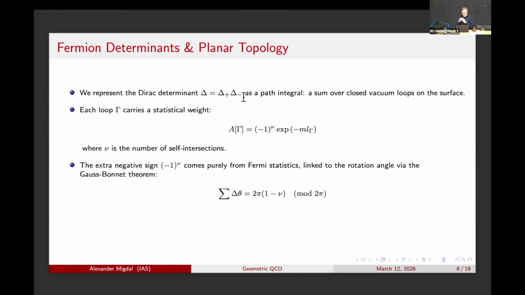First of all, let's remember the Gauss-Bonnet theorem. If you follow the path of any particle, doesn't matter fermion or not fermion, a closed loop on a plane, actually it could be a plane with an arbitrary number of holes, doesn't matter. You just sit on this particle.